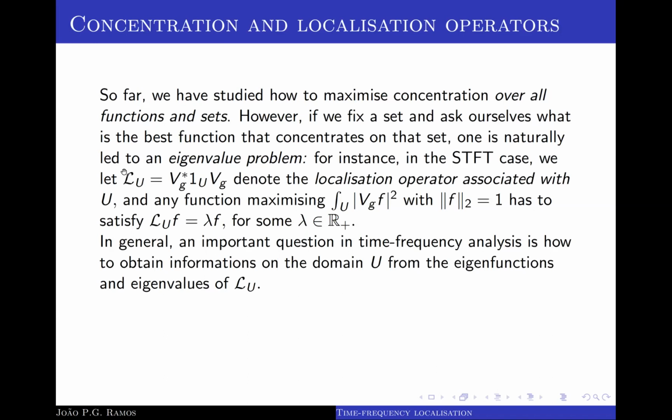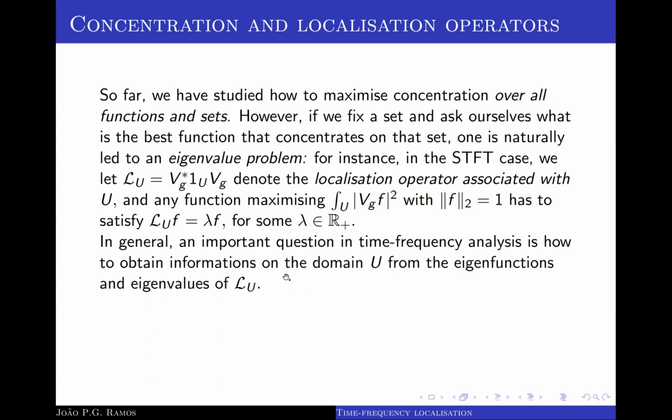So if you define this operator L of U to be Vg star, indicator of U, Vg, this is what we call the localization operator associated with the set U. Then the task of maximizing the integral over U of Vgf squared over all f with L2 norm 1, for this fixed U, is the same as finding the largest eigenvalue of this operator and the corresponding eigenfunction.